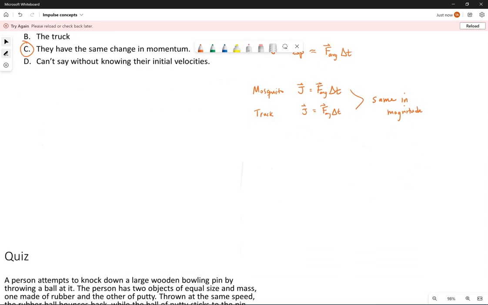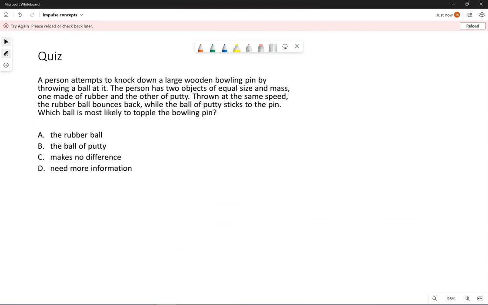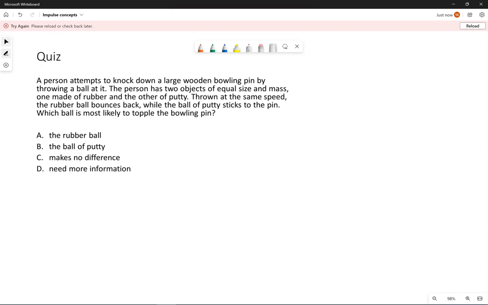Okay, one more concept question. Now, just a side note, by large wooden bowling pin, I mean like outside of the bowling alley.